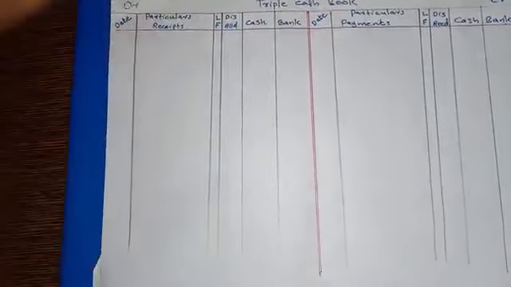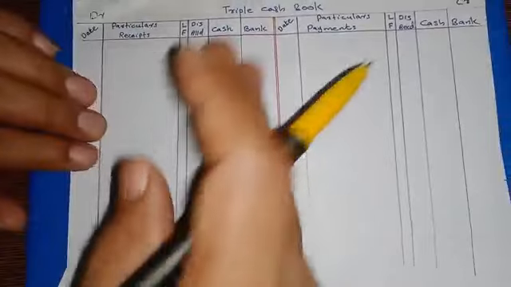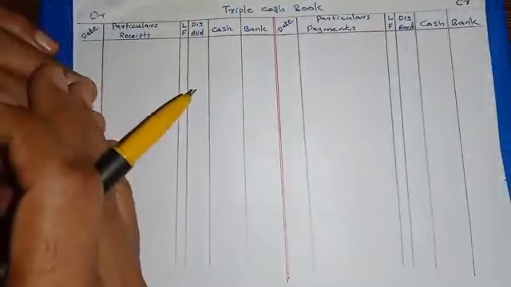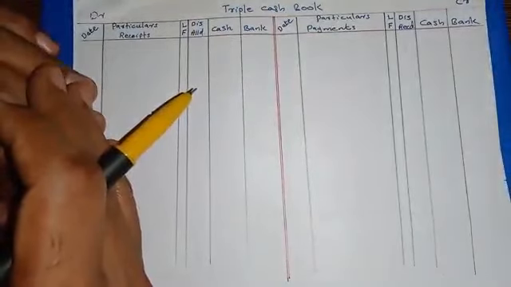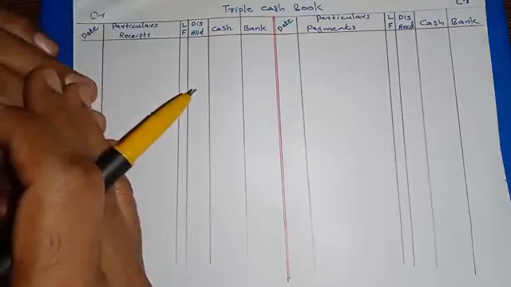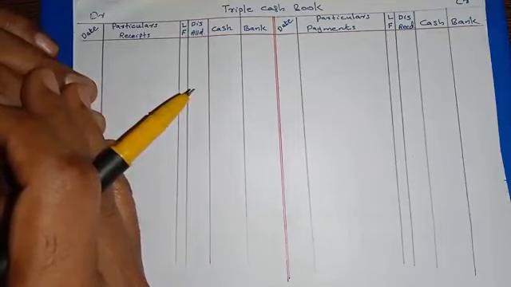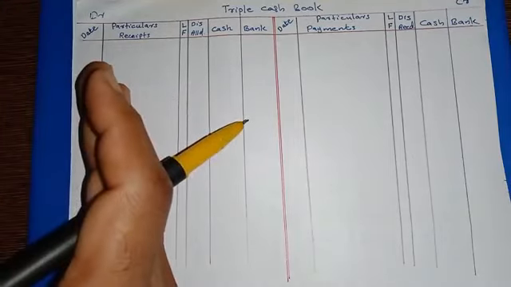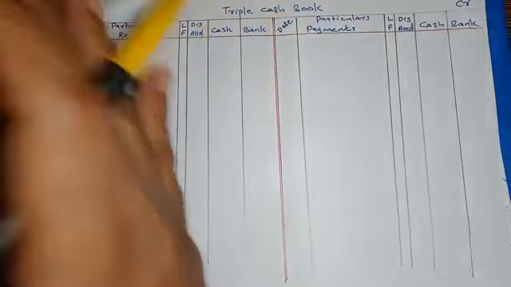Okay. Then the receipt side will be the increasing side. Increasing side means when any cash is increasing in the office or in the bank, we take that transaction on this side.